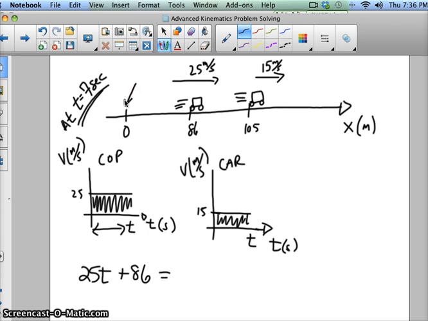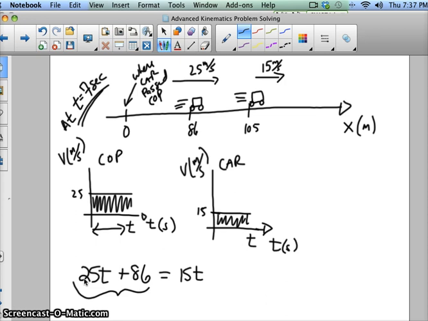If this position is where the car passed the cop, that's also where the cop started, then this is the total distance the cop travels from where he started, right? And 15 times t is the distance the car travels in the last chunk of time.